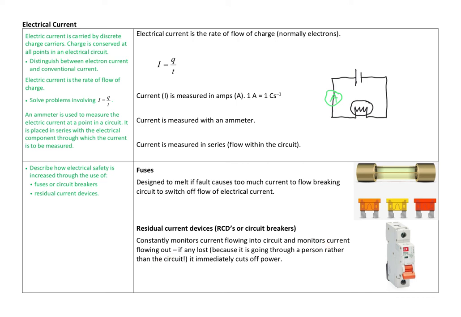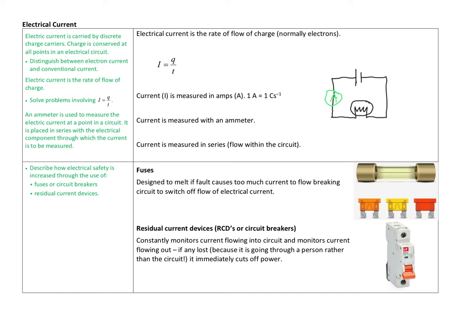If you've got this circuit that's going to a light bulb, they monitor the current going to the light bulb and the current coming back from the light bulb. If any of that current is lost, so if that current there is not the same as that current there, i.e. there's some residual current, what goes in isn't equal to what comes out, that's where the residual comes from, then it will immediately cut off the power.